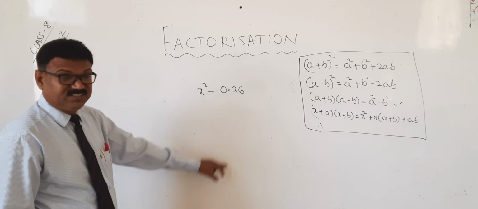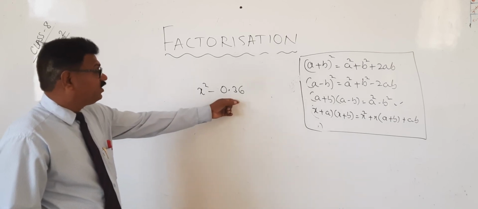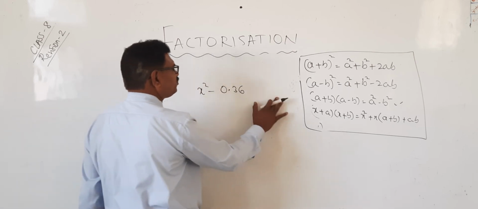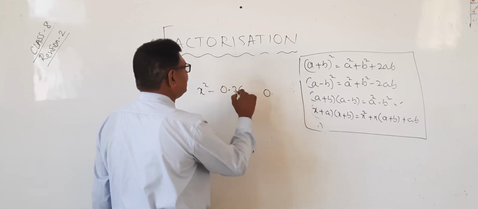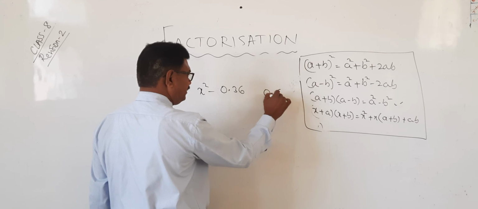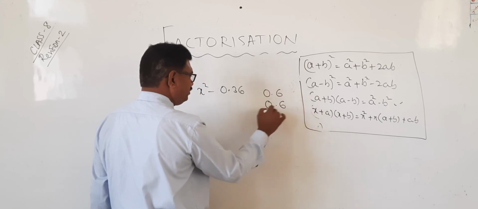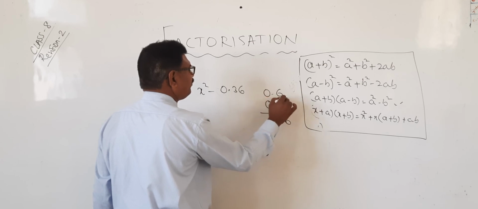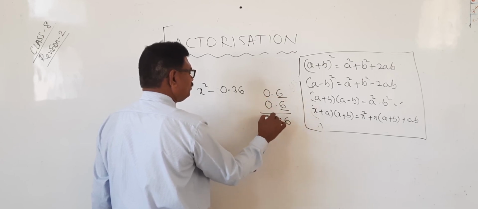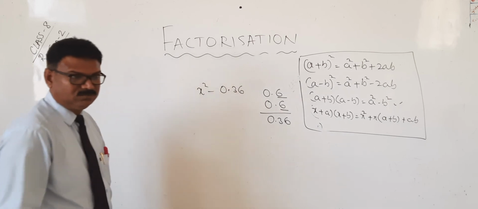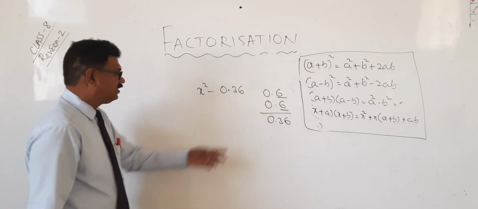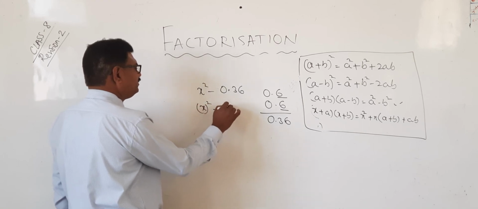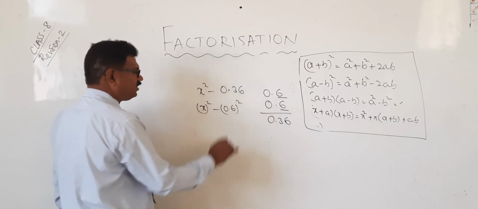Is 0.36 a perfect square or not? Yes, it is a perfect square because the square root of 36 is 6. Therefore 0.6 into 0.6 is 0.36. After the decimal point 1 place, 1 place, 1 plus 1 is 2. Okay? That's it. Therefore we should write it like this: x whole square minus 0.6 whole square.